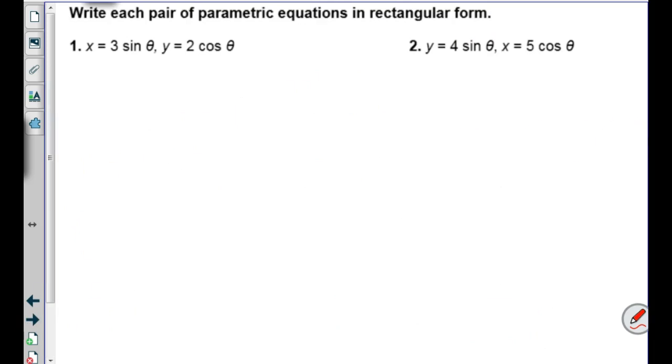Help me quick. Try these two on your own. Isolate the functions, add them together. Remember, you have to isolate the function first. Keaton, what's this one going to be? Okay.